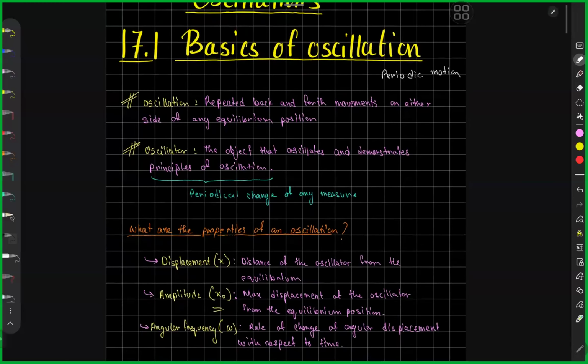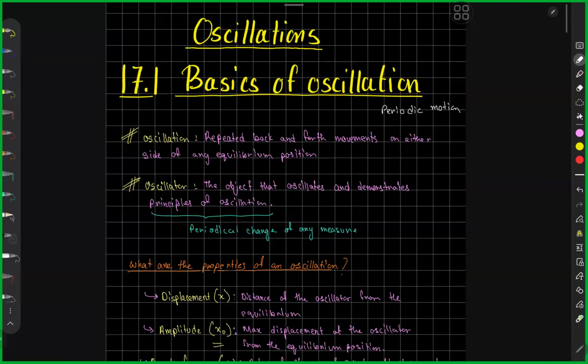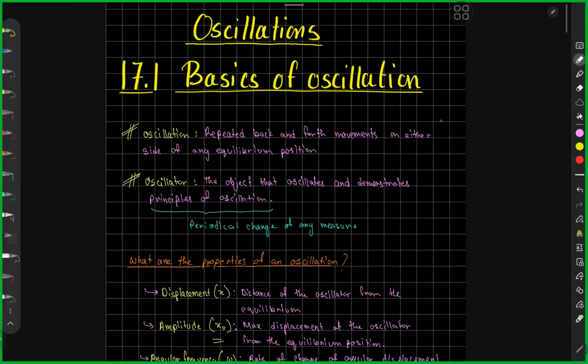Now, look, I can explain oscillation in very simple words as a repeated back and forth movement on either side of an equilibrium position. With respect to the examples you will be familiar with, this is a very apt description.